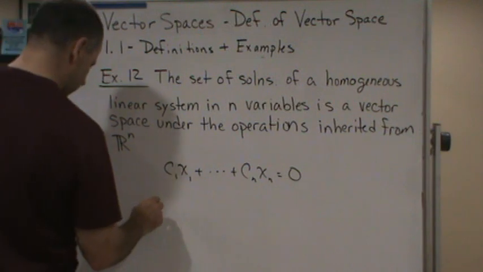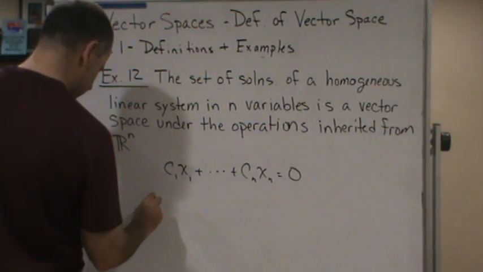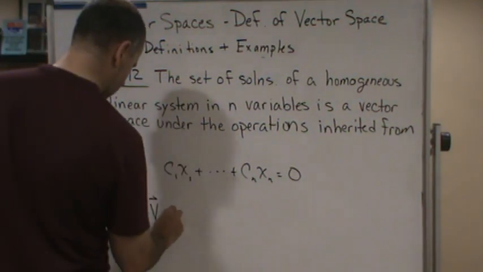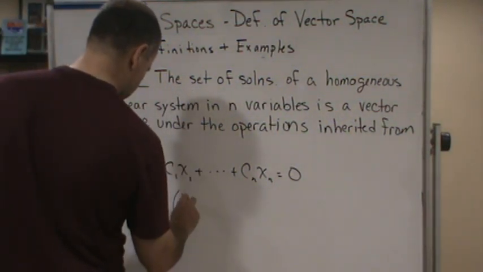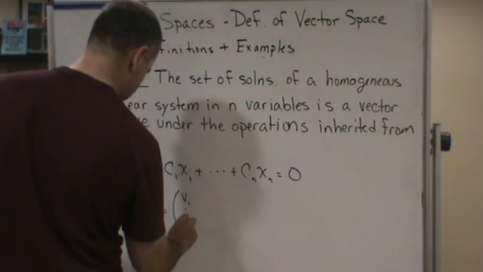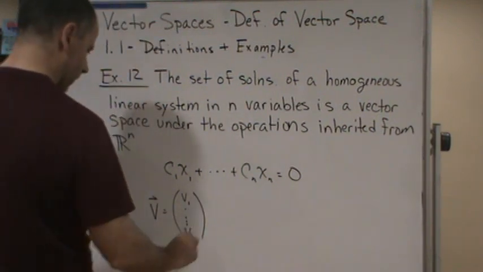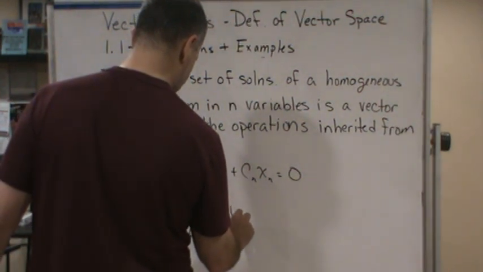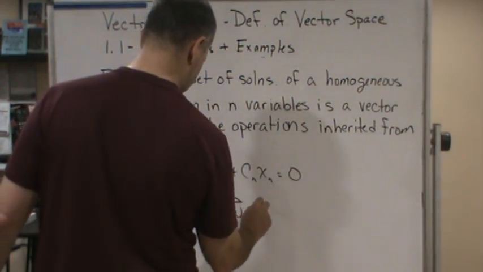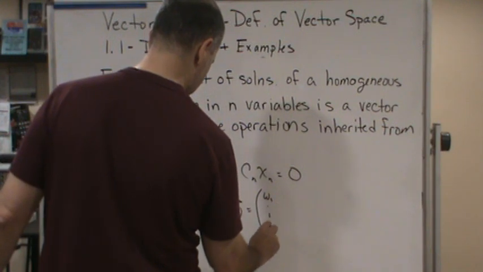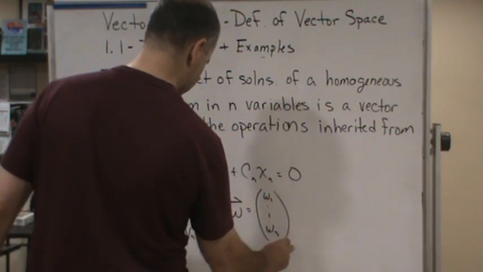So let's take V equals V1 all the way to Vn, and we'll take vector W, which is W1 all the way to Wn.